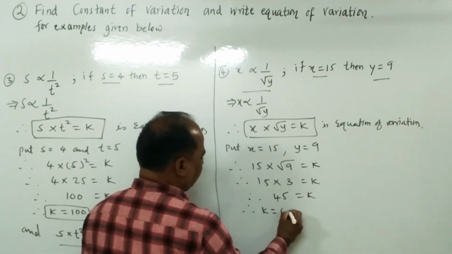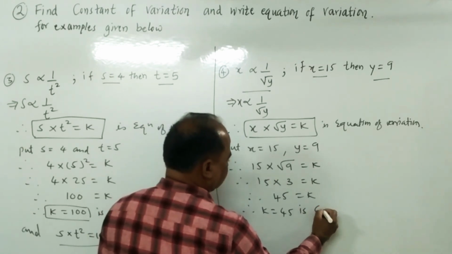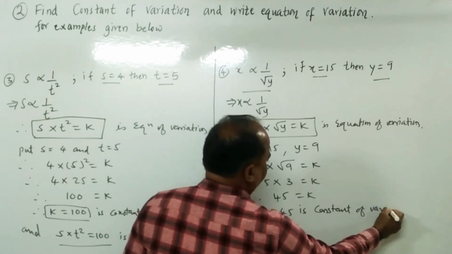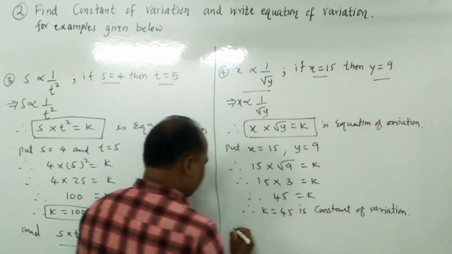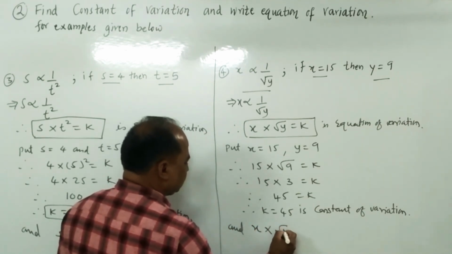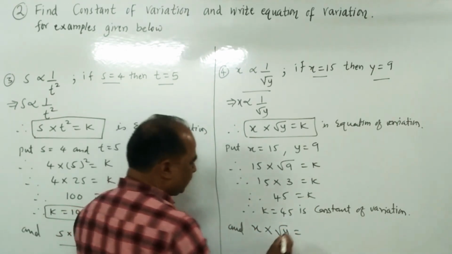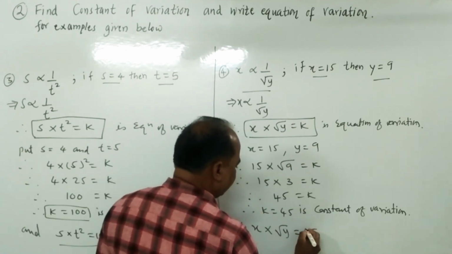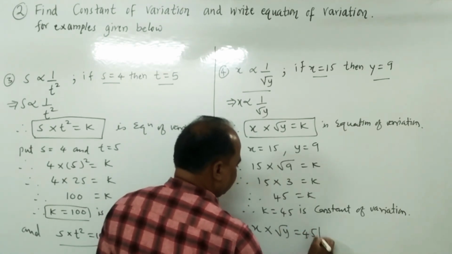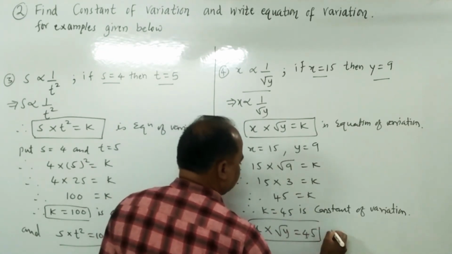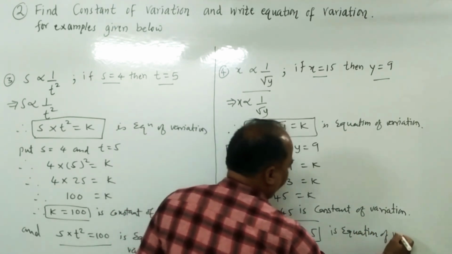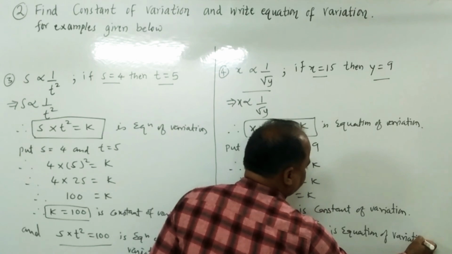Therefore, k is equal to 45 is the constant of variation and x into square root of y is equal to 45 is the equation of variation.